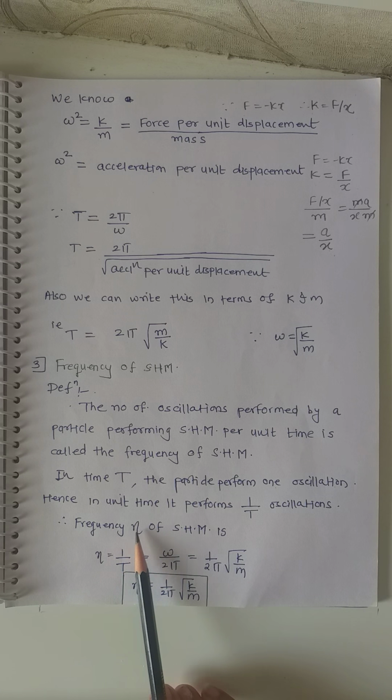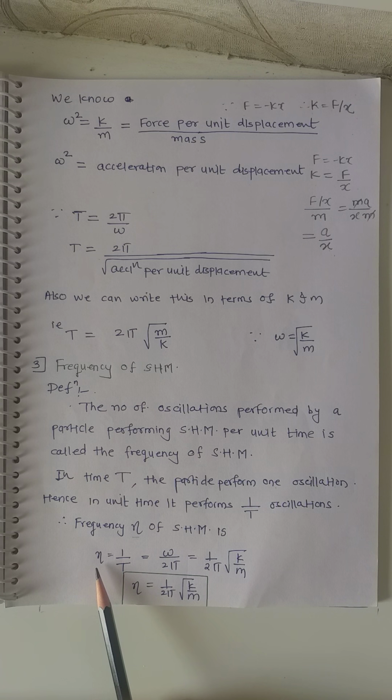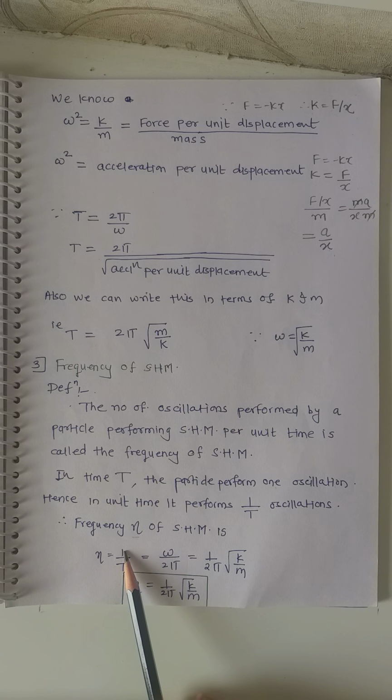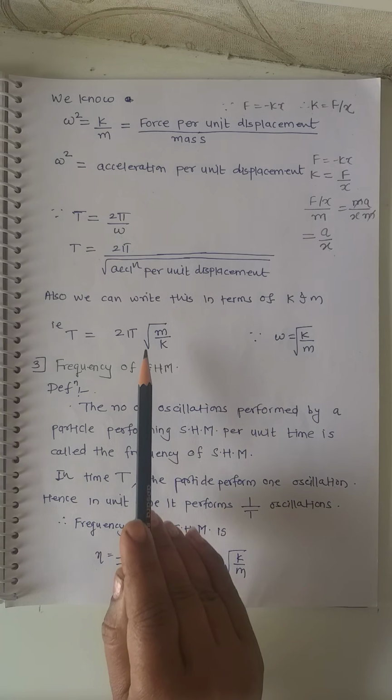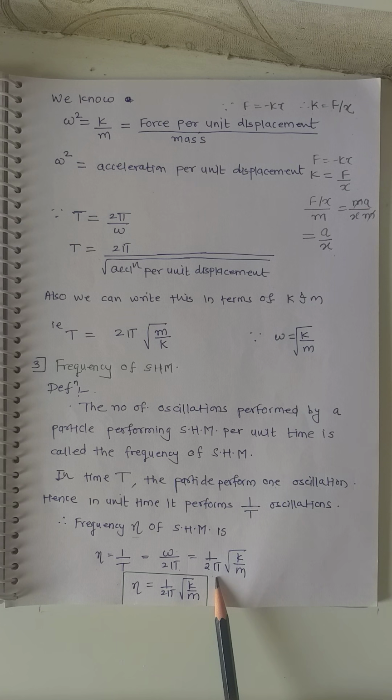Now n is the notation for frequency. So n will be the reciprocal of period, which is also equal to omega upon 2 pi. Taking the reciprocal of the earlier equation, 1 upon 2 pi into square root of k by m.